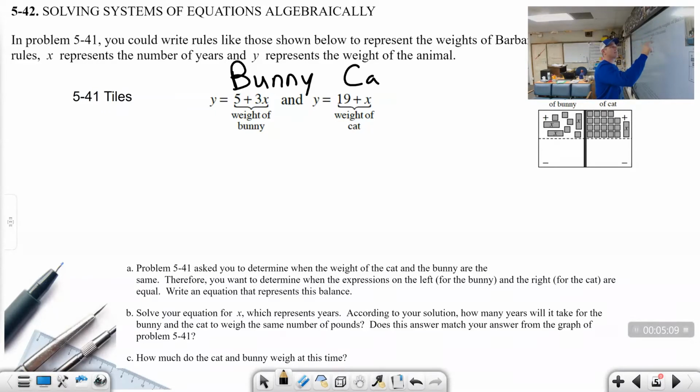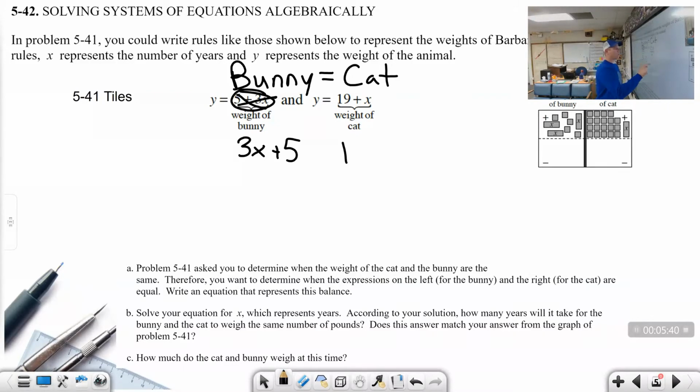And this is the cat, write the word cat, just like I did. And if you want to know when are they the same, all you've got to do is put them equal to one another. So here we go. If the bunny equals the cat, we're going to write 3x plus 5. I want you to notice I'm writing it in a different order than the book. I don't like that.